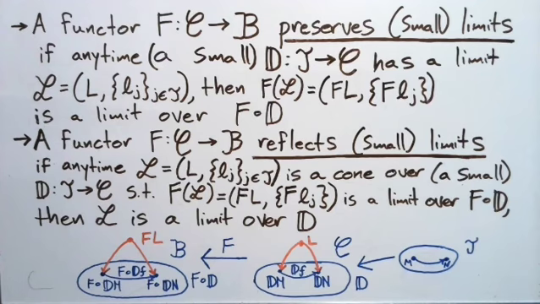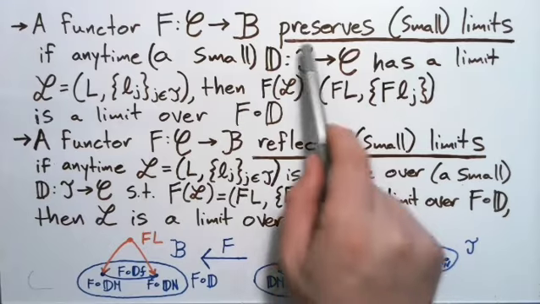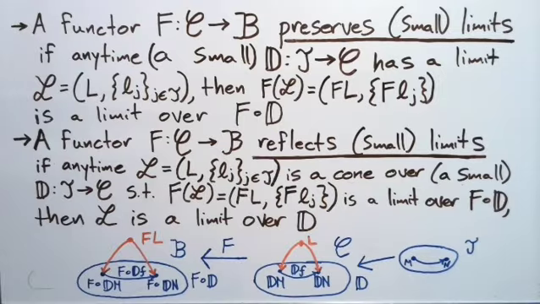Now, what is the small version of this definition? Well, it basically just says that this applies anytime we have a small diagram D, which means that the objects in the index category J form a proper set. It's not big enough to form a proper class. So we can read it with the parentheses this time.